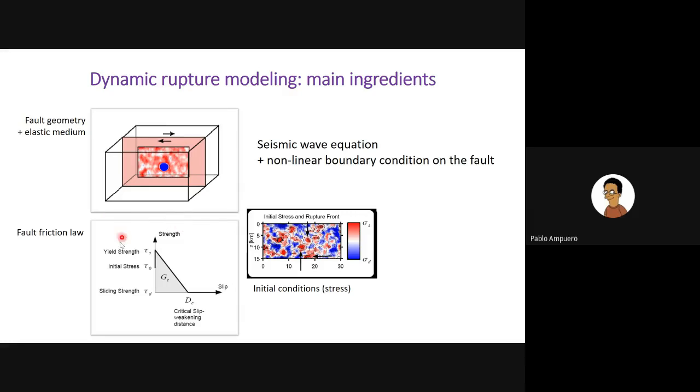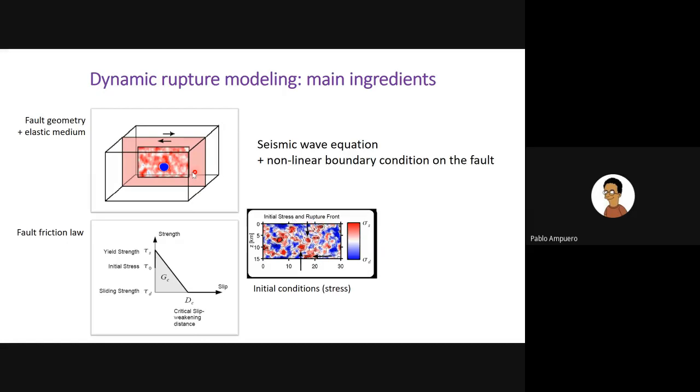Another important ingredient is the boundary condition that we will apply on the fault, and this is governed by what we call a fault friction law. So here's one example of a fault friction law, which describes how the strength of the fault changes as slip advances.